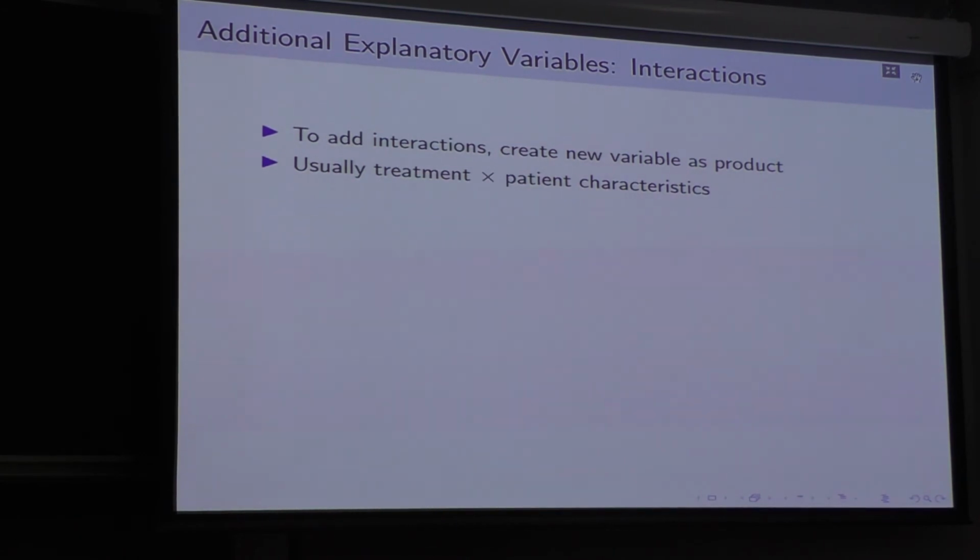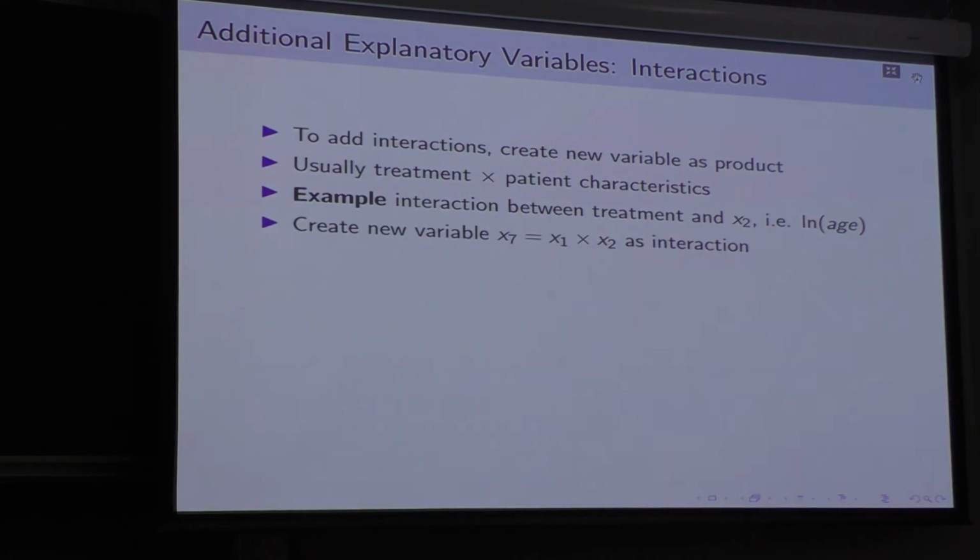If you didn't have enough data to fit a very elaborate model, you might focus on those ones. So if you wanted, in that example we've got, an interaction between treatment and log age, which was coded x2, create a new variable, call it x7, because we had 1 to 6 before.